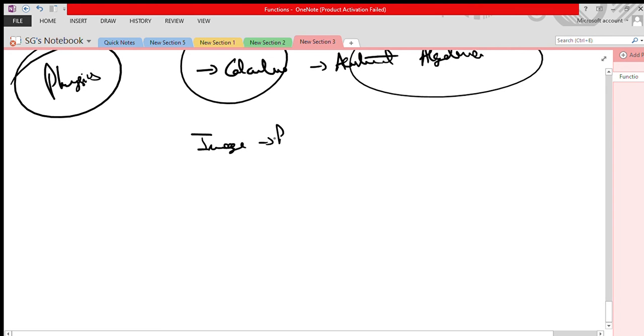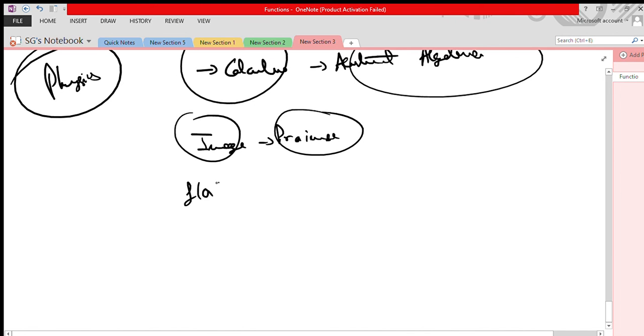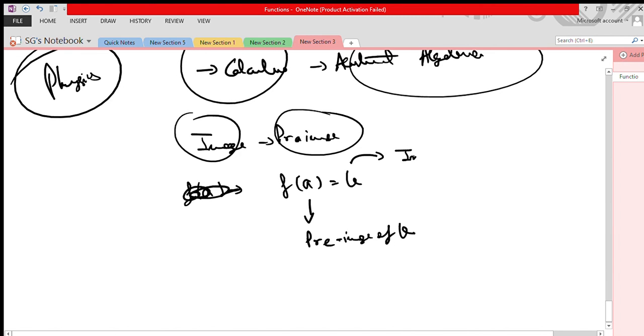What is the image and pre-image? Very easy. Suppose you have a function which maps A to B. So A is called the pre-image of B, while B is called the image of A. Clear?